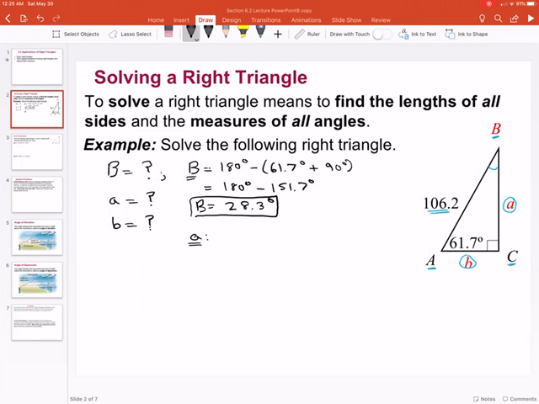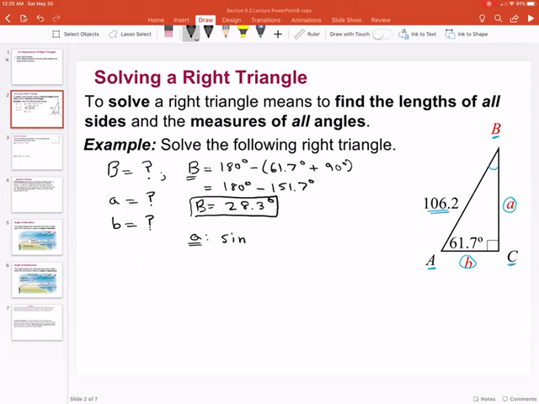If we're looking at angle A, we know that side a is the side opposite that angle. And then we also know the hypotenuse. So what relationship establishes the ratio of opposite to hypotenuse? We know that's sine's definition, so we can use the sine function.